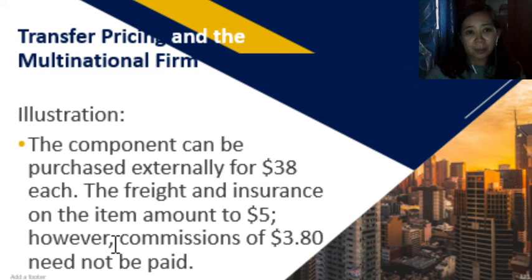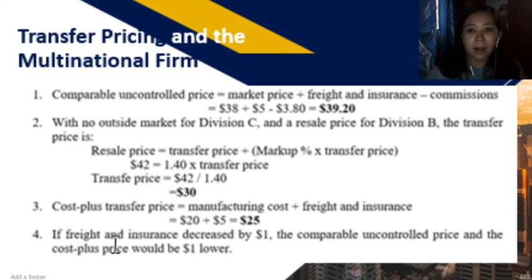The component can be purchased externally for $38, and the freight and insurance on the item is $5. However, there is a commission of 3.8 that need not be paid, because if this is made as an internal sale, then the commission should be disregarded.